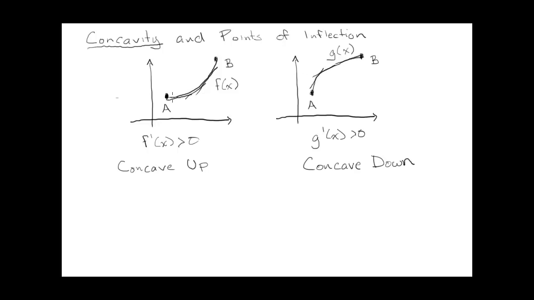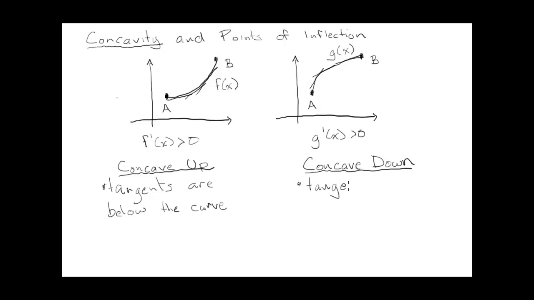In this case, for f, the one that we said was concave up, the tangents are below the curve. And for g, which we call concave down, the tangents are all above the curve.